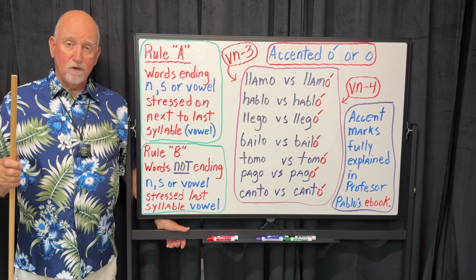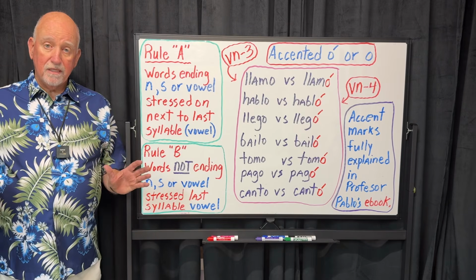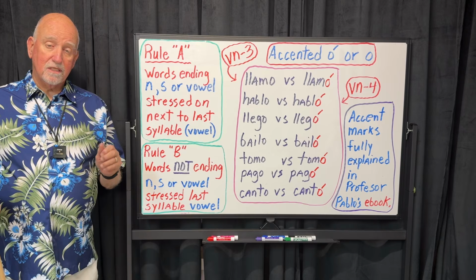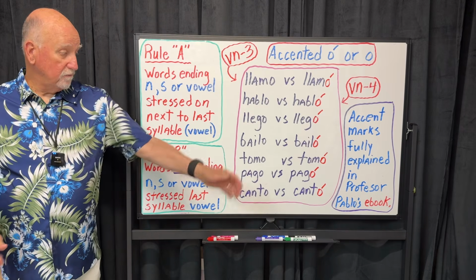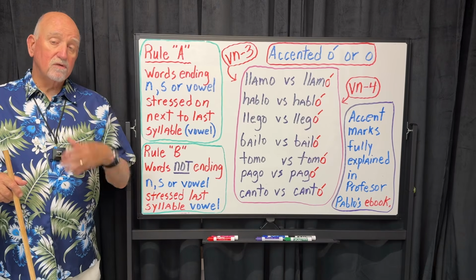I have an accent mark system that I myself created from A to Z, completely, entirely, solely by myself. And this accent mark system is flawless. It's in the Profesor Pablo ebook towards the end with hundreds of examples.